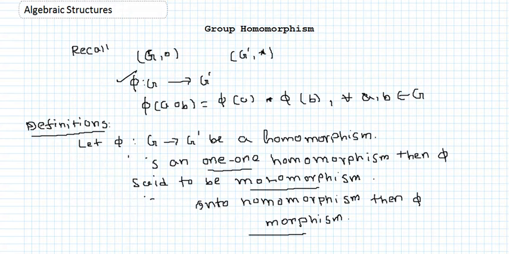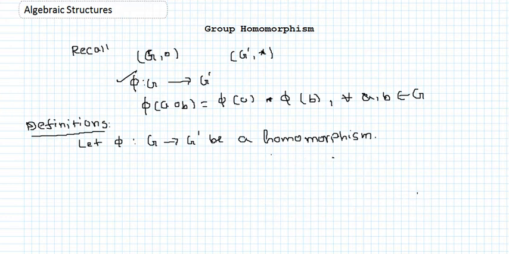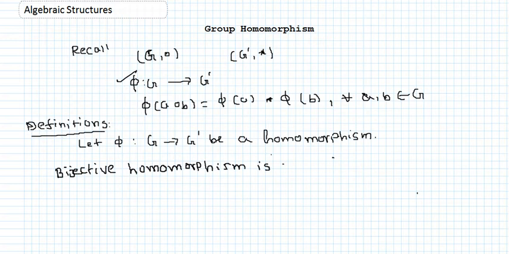A bijective homomorphism is said to be an isomorphism.